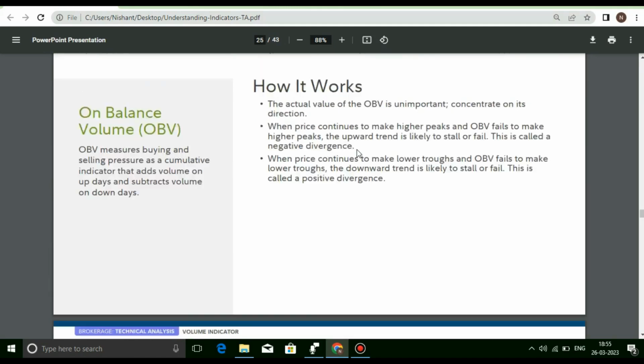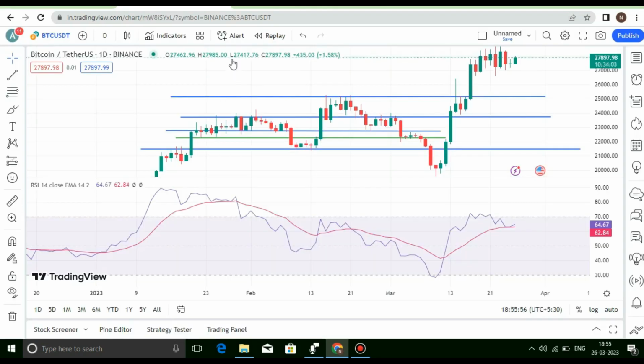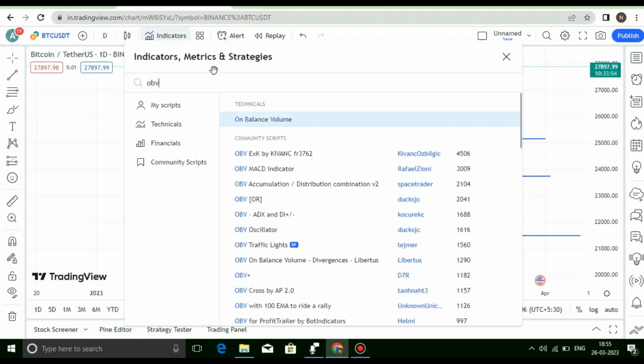The next indicator is the on balance volume indicator, which I generally don't use that frequently, but to satisfy you, I will be explaining that as well. So we have to search OBV, on balance volume indicator.